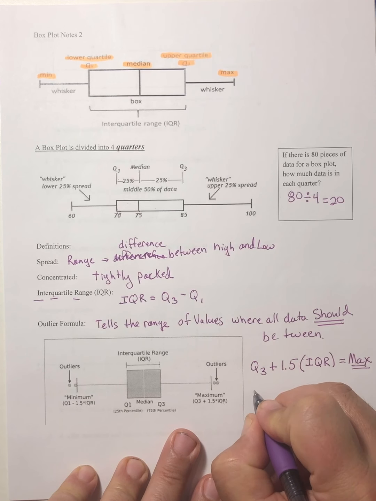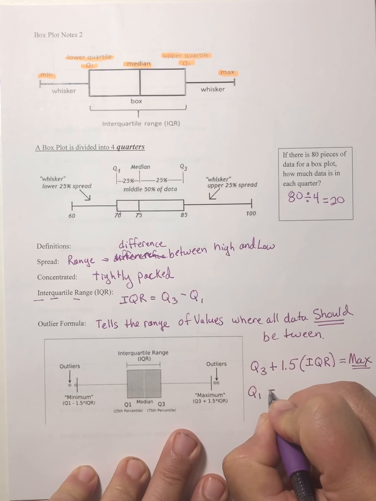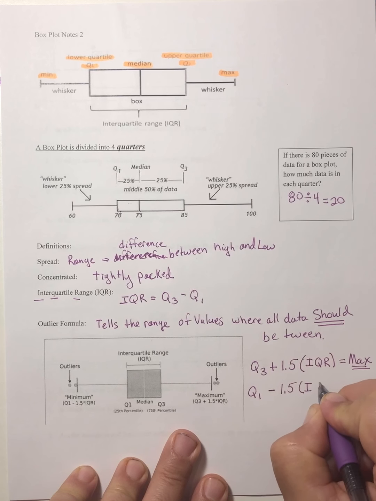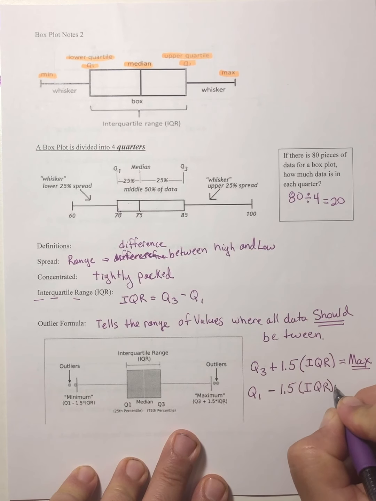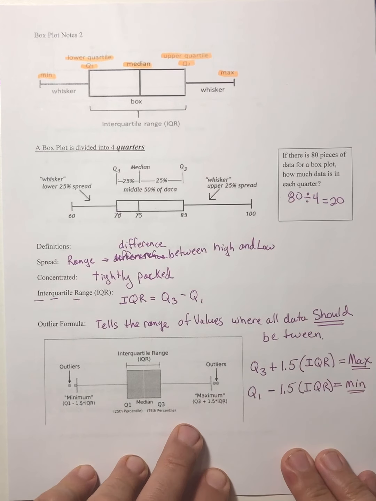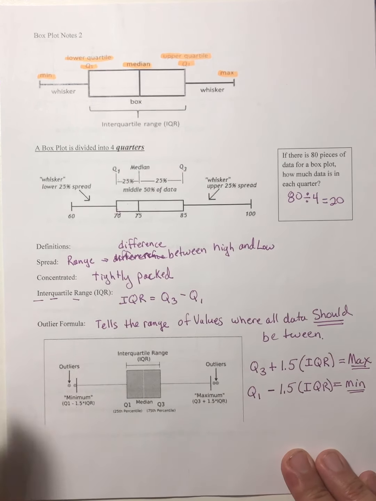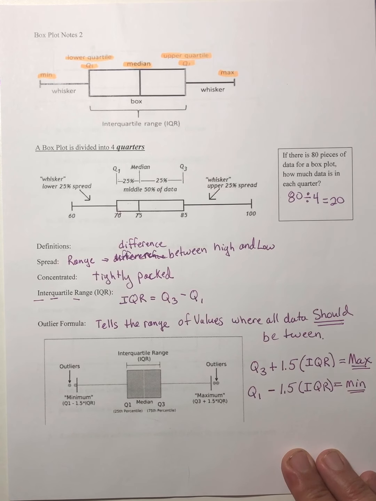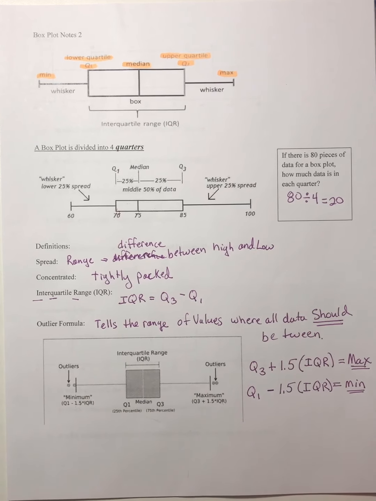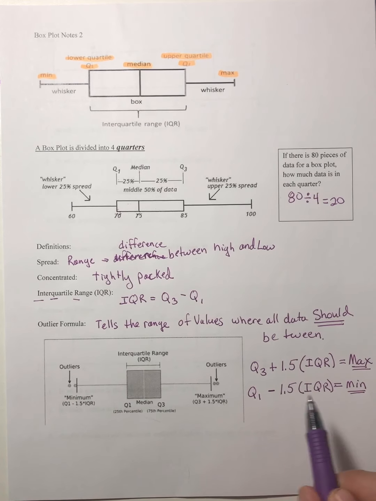Q1 minus 1.5 times the interquartile range will be the minimum value, the lowest number where our data should land. Now, this 1.5 is just an arbitrary number that scientists came up with to say how far out we should be from the interquartile range. We'll talk about what that actually looks like when we do some problems.